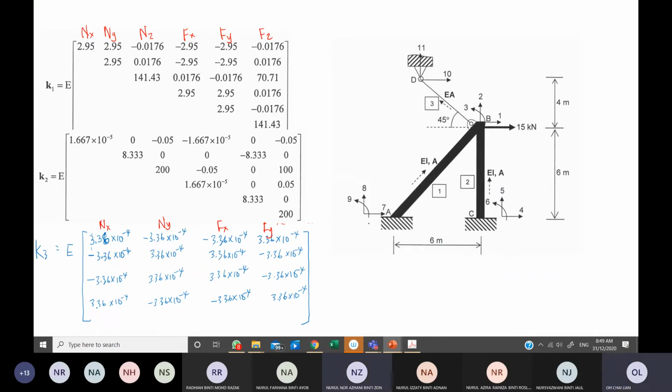Okay, so let's see how to fill in this K1 numbering. Where is the near end for element 1? At A. Okay, correct. So I'll put I here. So how about the far end? Far end at B. Okay. So can you give a name for NX?